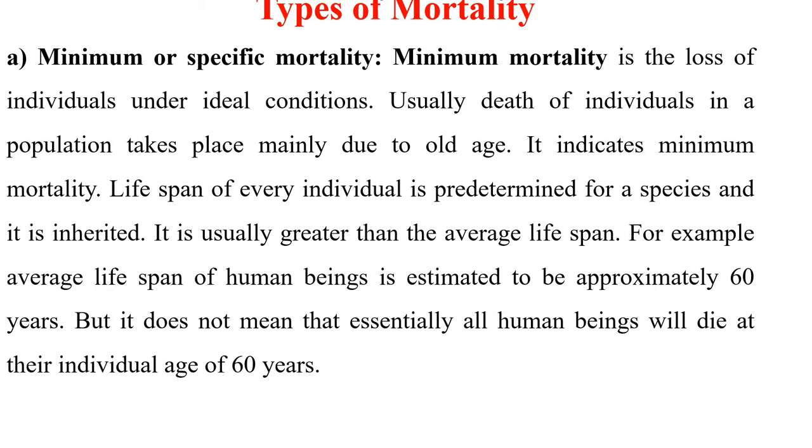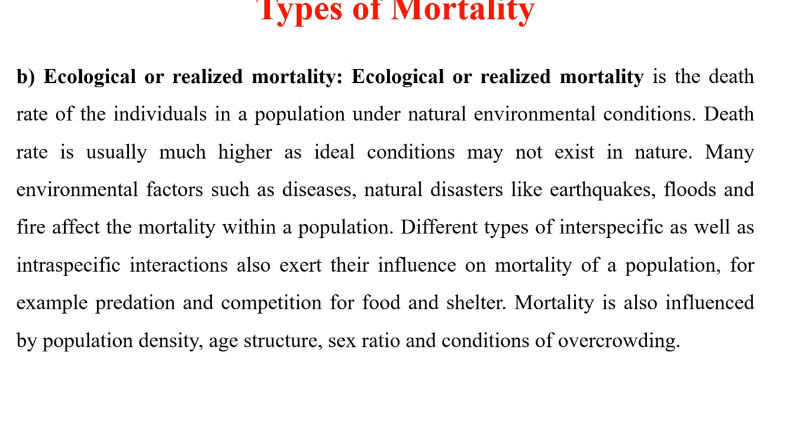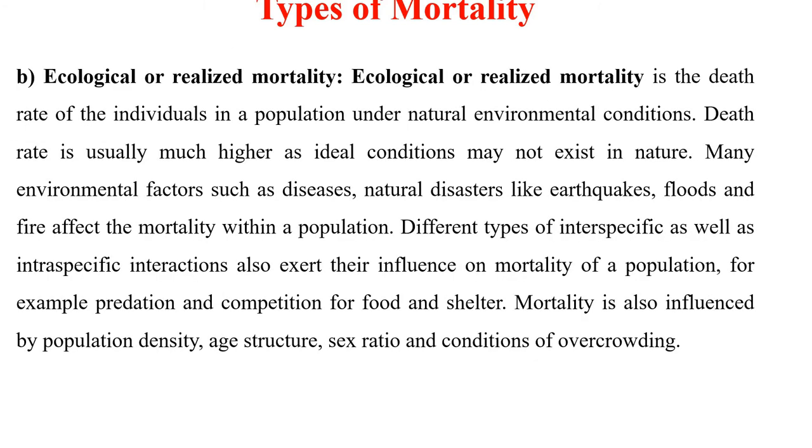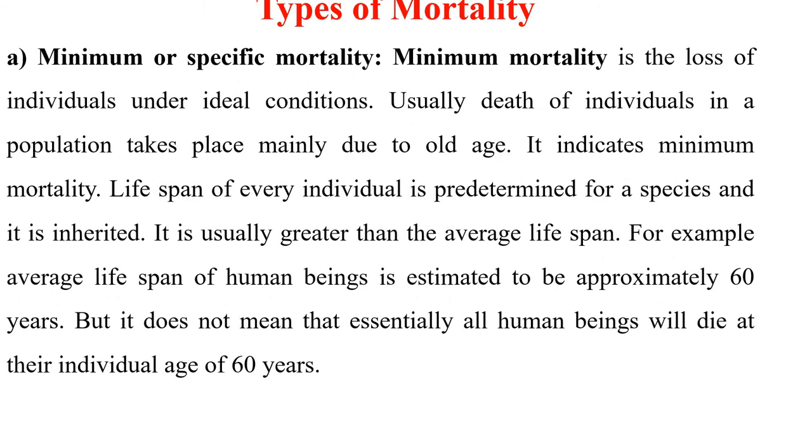Minimum or specific mortality is the loss of individuals under ideal conditions, and the second one is the loss of individuals in a particular natural environmental condition. Here the difference is the same as in natality. The terms are similar.